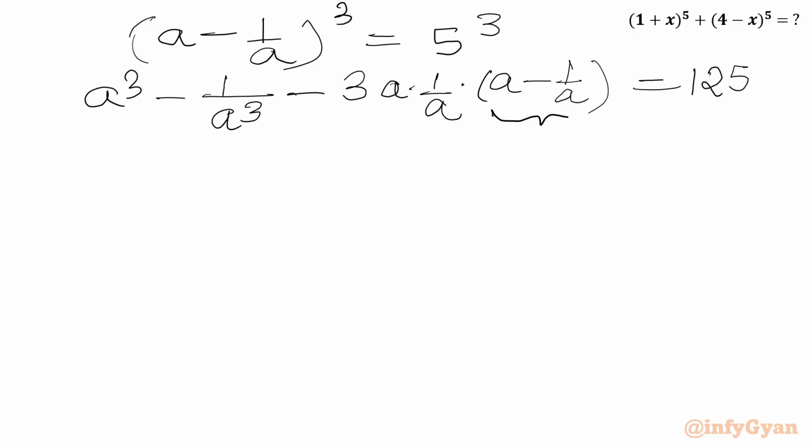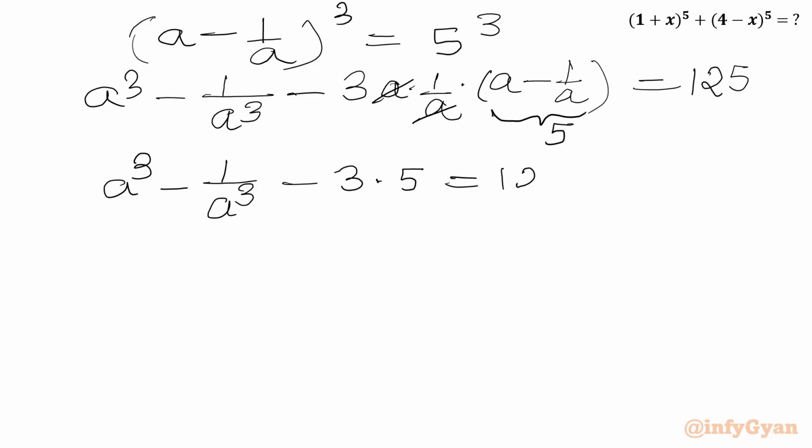Now this is 5, A will be cancelled out. Now I can write A³ - 1/A³ - 3 times 5 equal to 125.